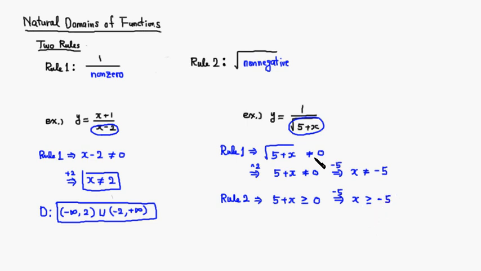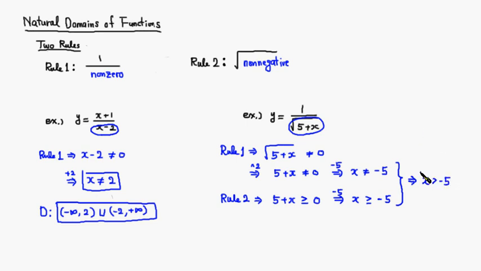So we have to satisfy these two conditions at the same time. These two combined: one said that x cannot be equal to negative 5, and the other said that x has to be greater than or equal to negative 5. So x has to be strictly greater than negative 5.